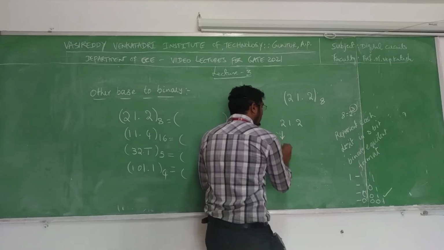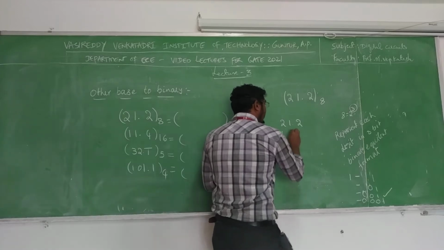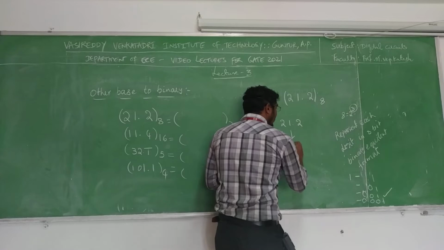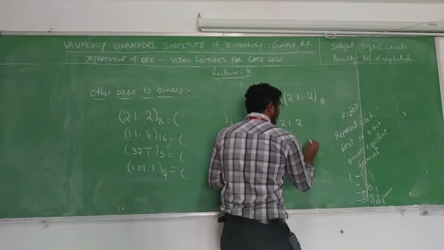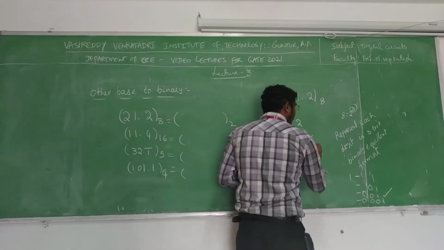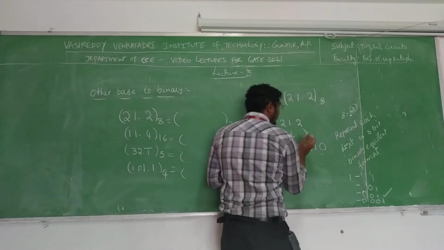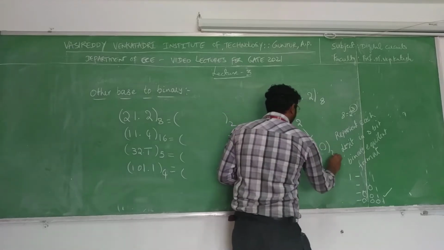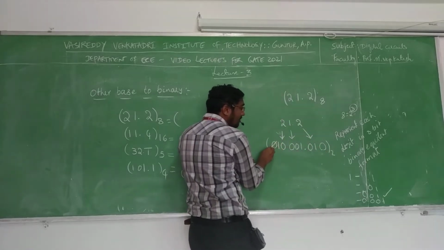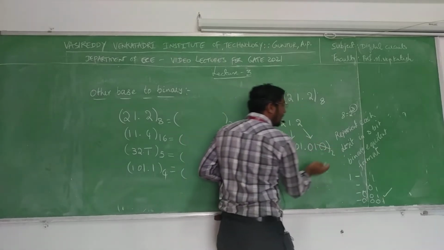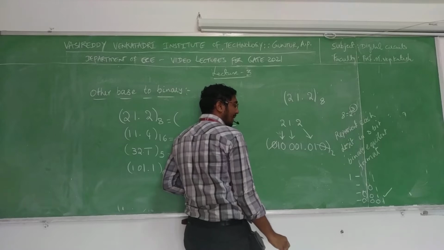Therefore, 2 is 0 1 0, and 1 is 0 0 1, and again this 2 is 0 1 0. And a fraction point here. And we got the answer in binary. We can ignore the 0 which is the leftmost part, and for the fraction part, the rightmost 0 can be ignored.